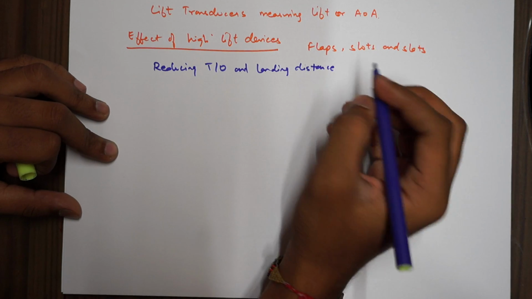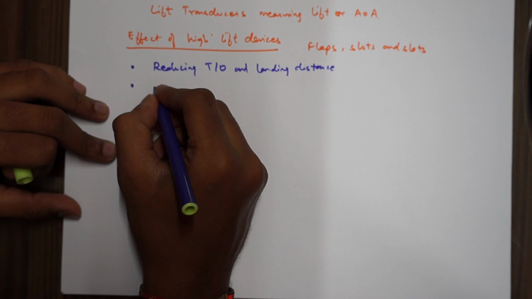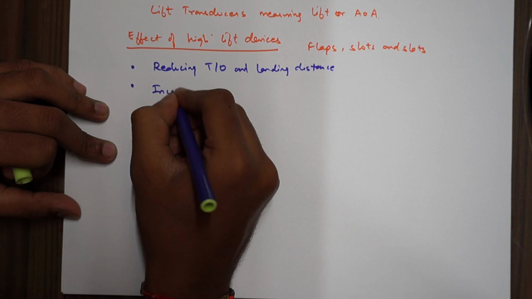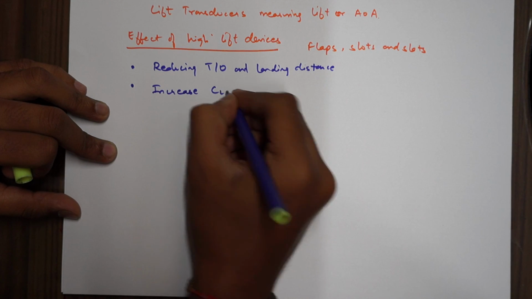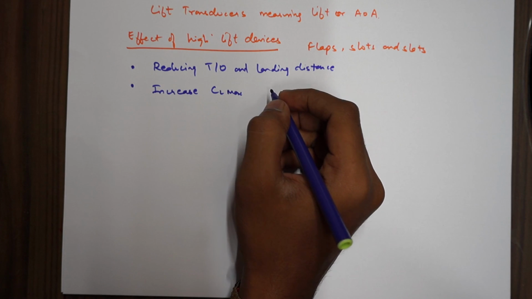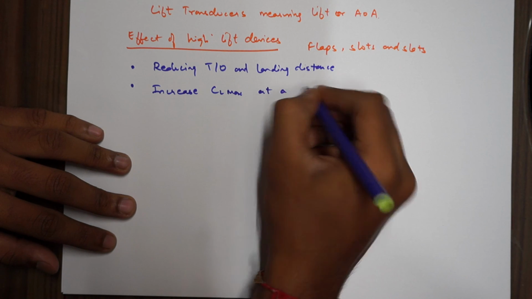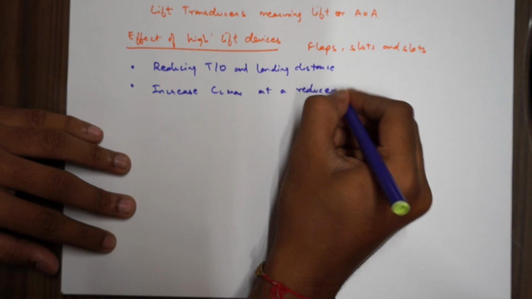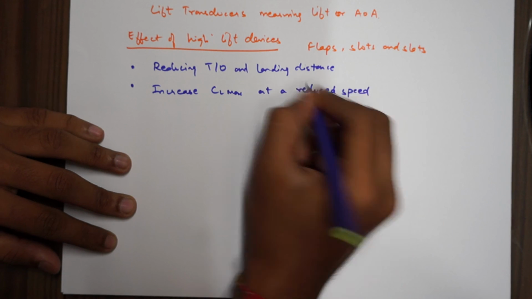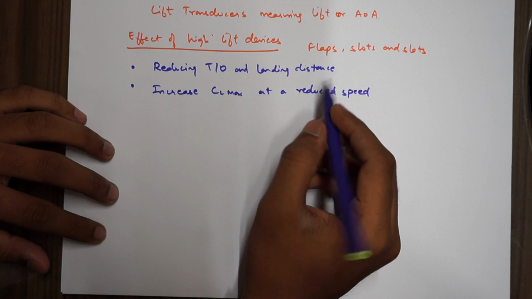Okay, and this is also crucial, they increase CL max. I mentioned the CL max is the point at 15 to 16 degrees. Okay, CL max at a reduced speed. These are two important uses of the high lift devices.